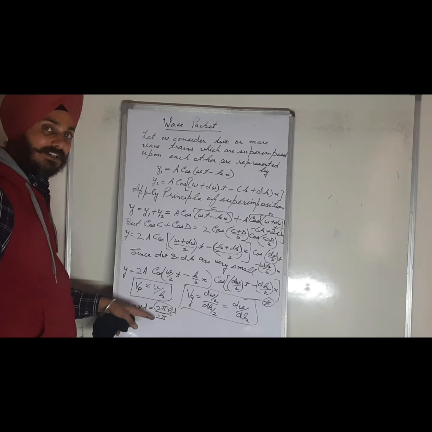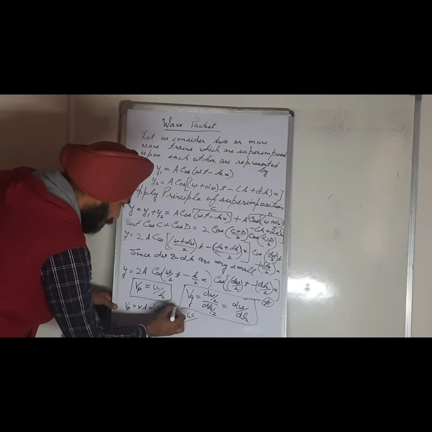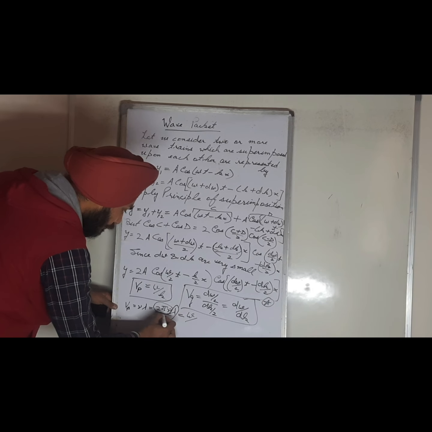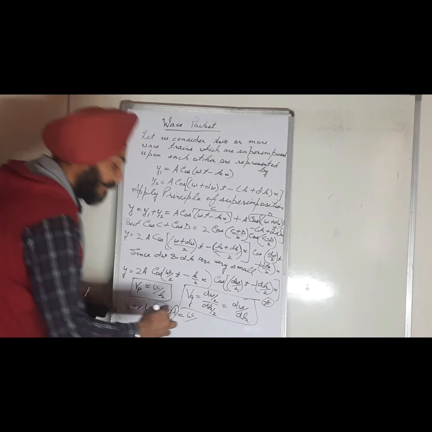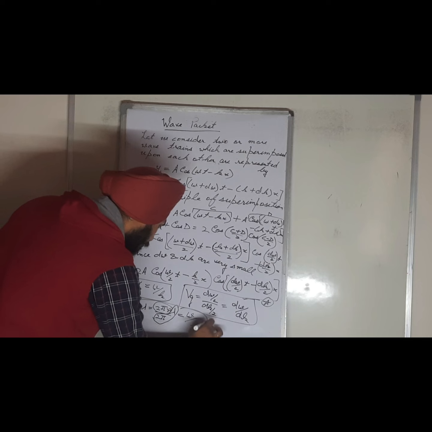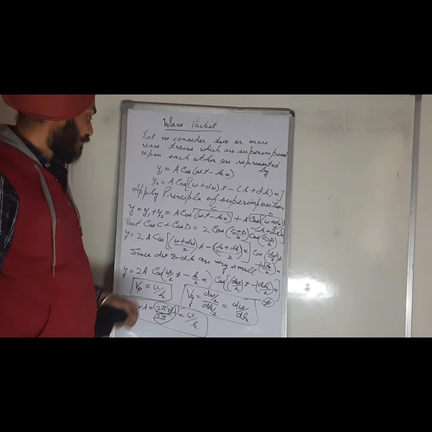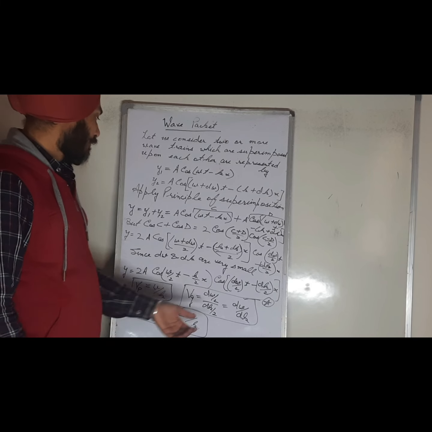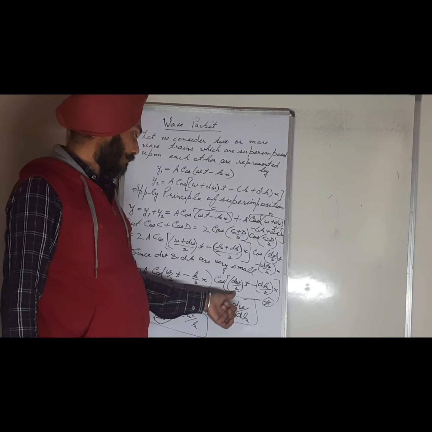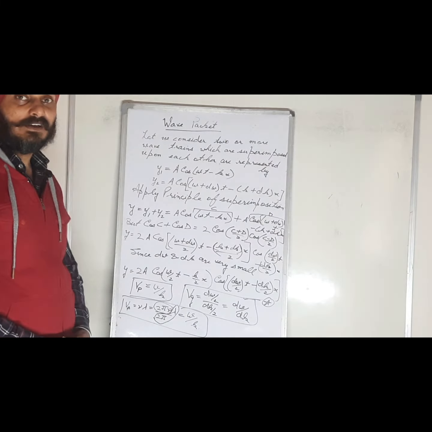This 2 pi nu is omega, over 2 pi by lambda, which is k, the propagation constant. So this is phase velocity omega by k, right. And Vg, the group velocity, is given by d omega by dk. Okay, thank you very much.